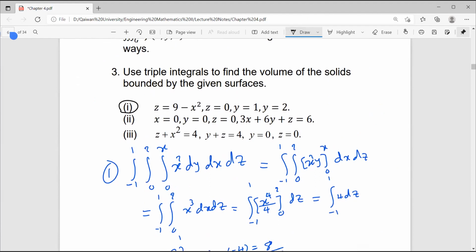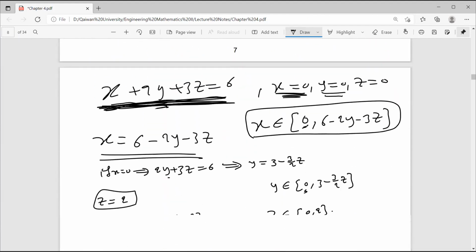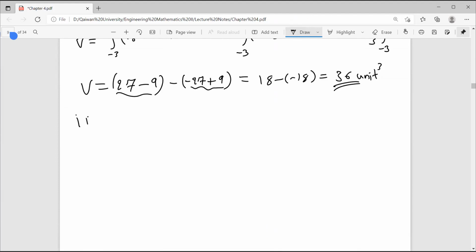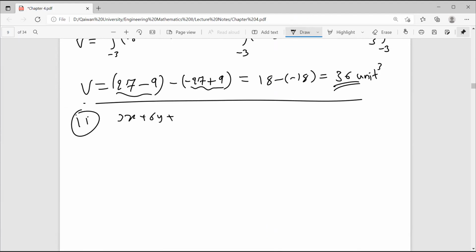3x plus 6y, for double I, we say 3x plus 6y plus z equals 0. And x is 0, y is 0, z is 0.